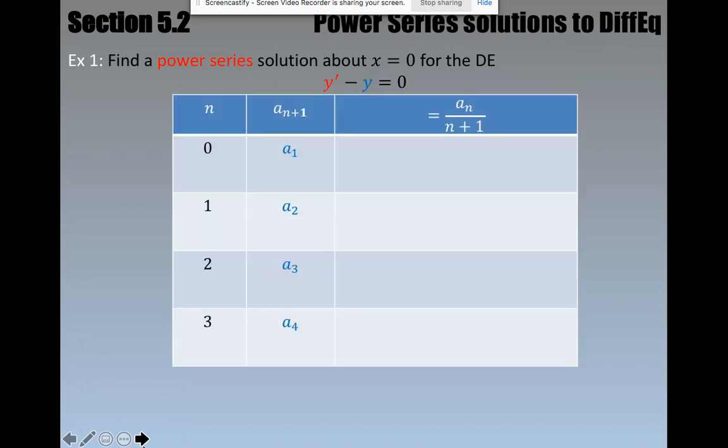So now I'm going to make my table. I'm going to use as many rows as I need until I see a pattern. So when n is equal to 0, a sub n plus 1 is equal to this.